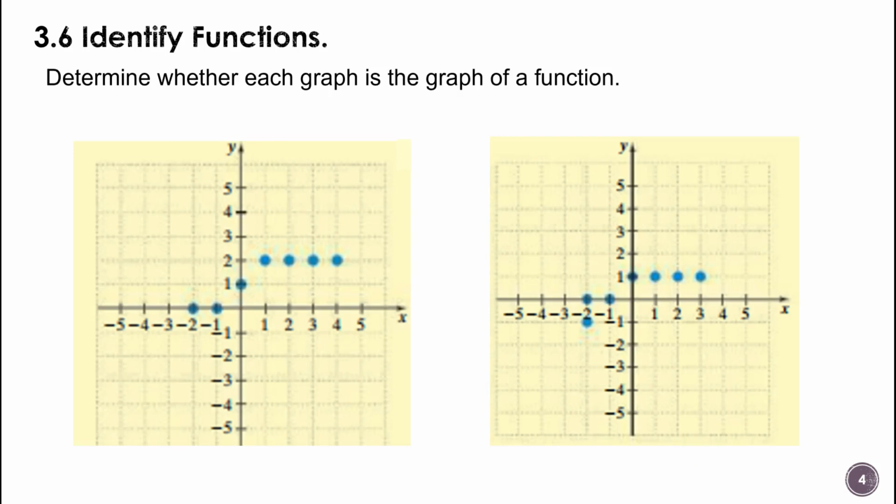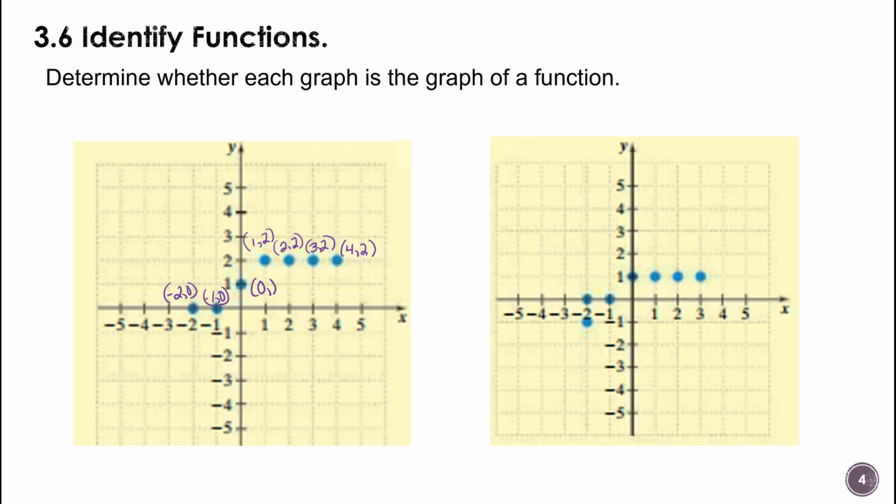This says determine whether each graph is the graph of a function. So we're basically looking to see, do any of my x-coordinates repeat? Now you could just name the ordered pairs, right? This one is -2, 0, and -1, 0. This is 0, 1. And then on the next one we have 1, 2, 2, 2, 3, 2, and 4, 2.